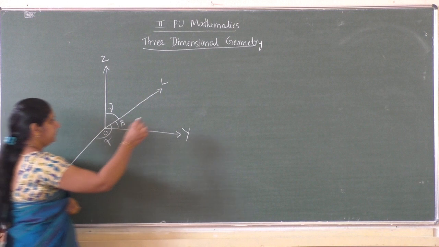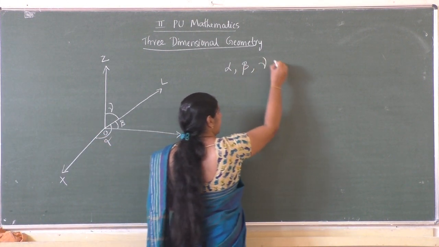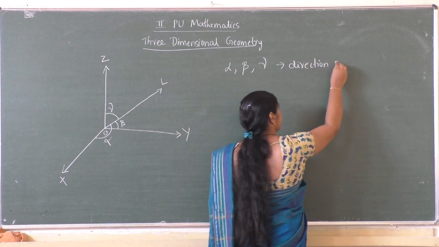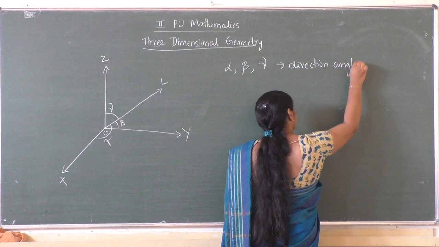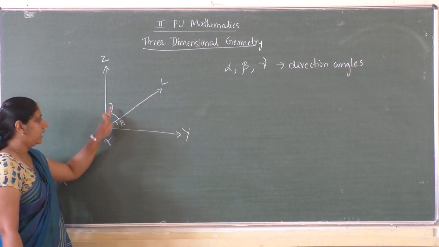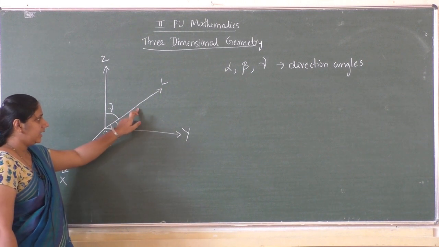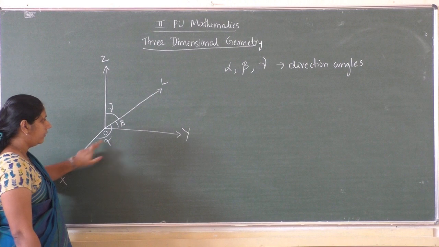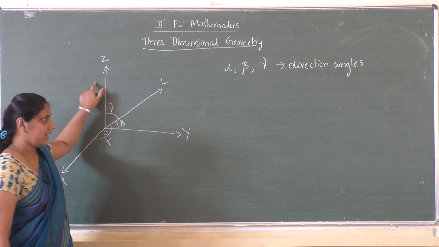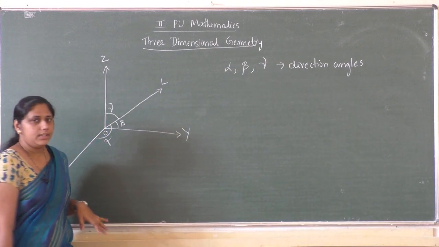Then this alpha, beta and gamma are called direction angles. So a directed line L which makes angles alpha, beta and gamma with the positive direction of the x, y and z axes, those angles are called direction angles. Is it clear?